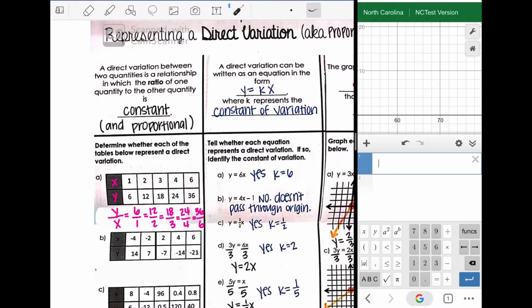And 36 over 6 can be simplified to 6 over 1. So since all of these are equal to the ratio or the fraction 6 over 1, this is a direct variation. So I'm going to say this is direct since y over x is 6 over 1 for every y and for every x.